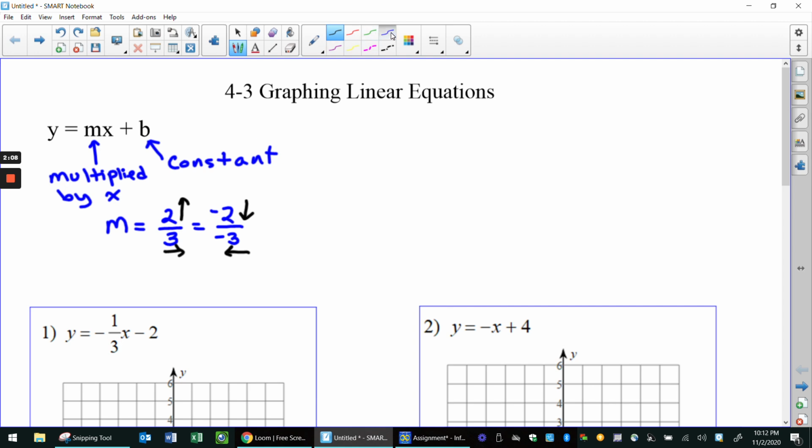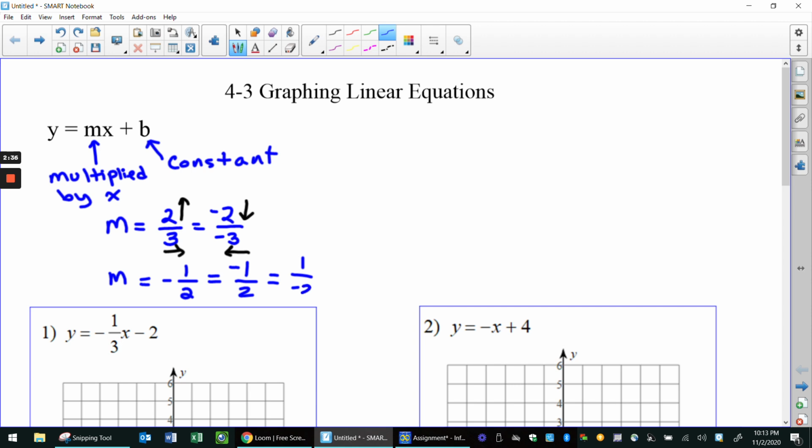Similarly, if we have a slope that's negative, let's say negative 1/2, it means if you have a negative in front of our fraction, you could put the negative on the top in the numerator, or you can bring the negative in the denominator.